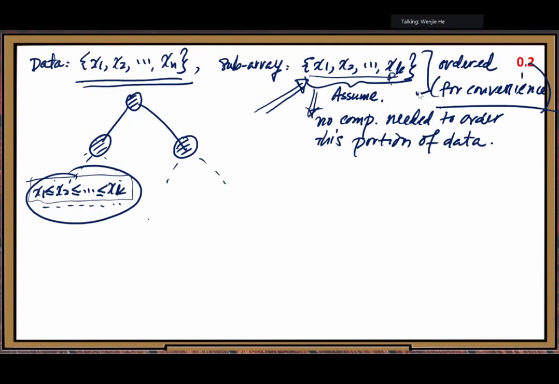Then, when you reach the bottom, that's the final sorting result. All the elements are ordered. So this ordered subarray is embedded in the final ordered array, right? Mixed, embedded.